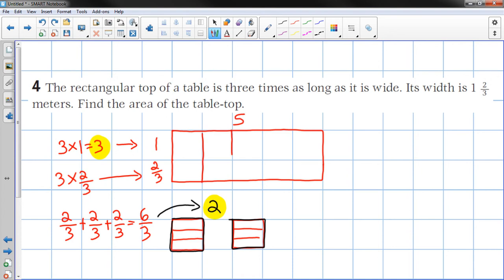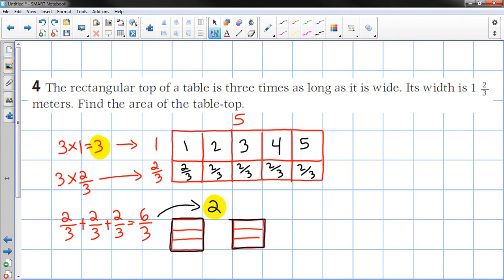And then I would just kind of break this up to figure out the area of this thing. There's 1, 2, 3, 4, 5. And then I have 2/3 plus 2/3 plus 2/3 plus 2/3 plus 2/3.